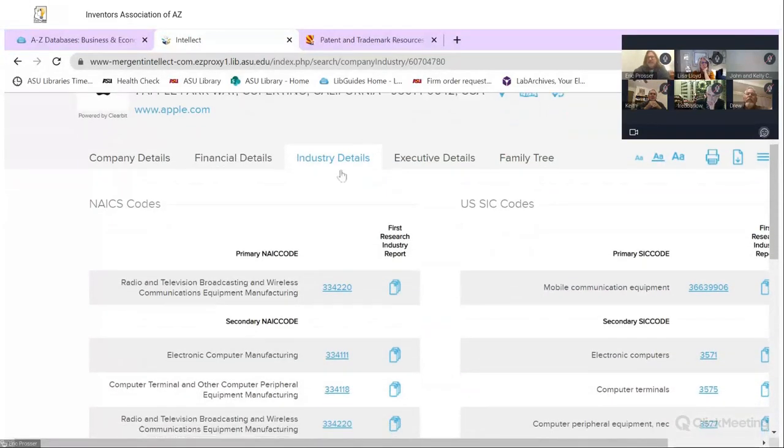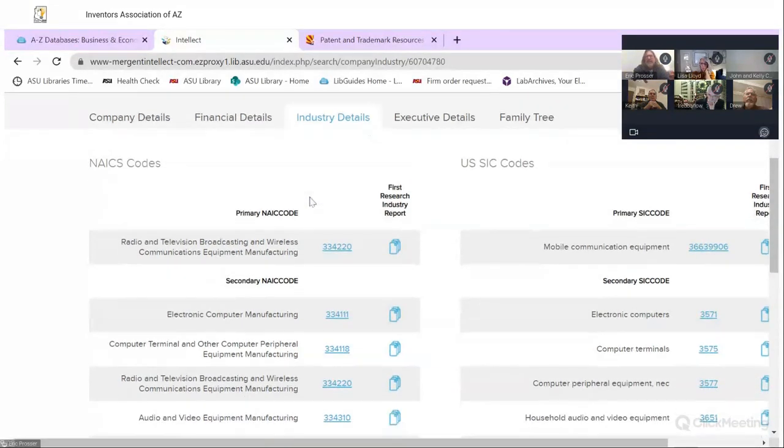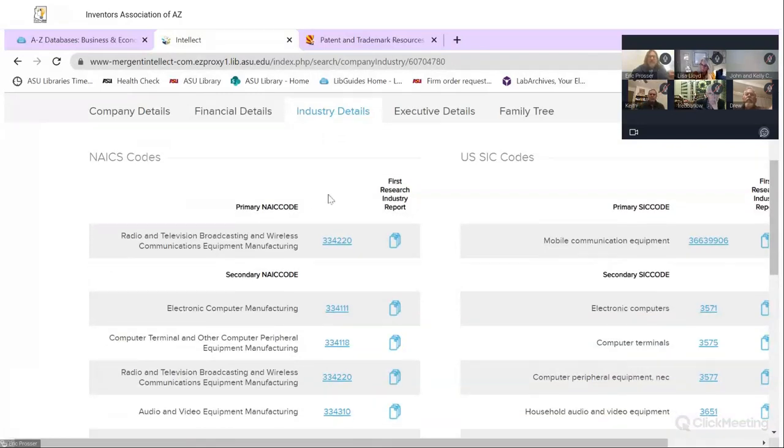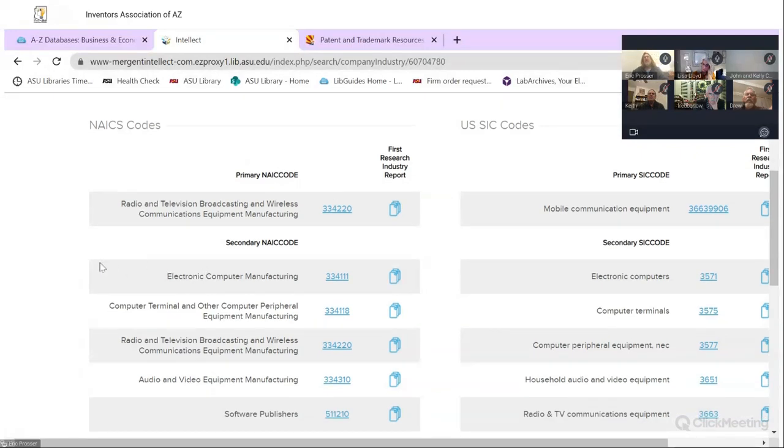Essentially what it does is when you get into here, one of the first things it's giving you are the NAICS codes. These are codes that are established by the United States government. Whenever you're looking at government records about industries, you can search by these codes in order to get certain sectors of industries or subsectors.